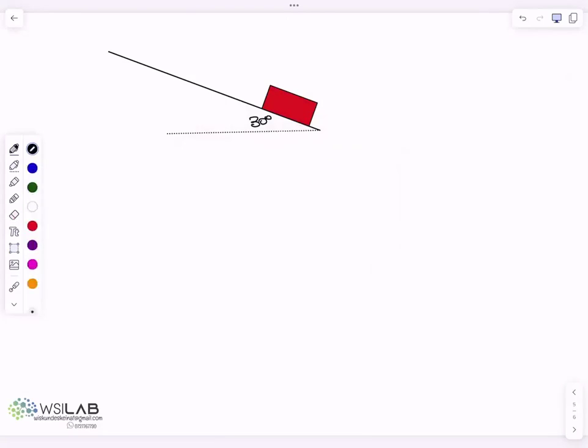Let's say the mass is 10 kgs, and the average friction is 20 newtons. That's the frictional force between the surface and the box. So I'm pulling it up with another force. I want you to draw a free body diagram of all the forces on the red box after you've made that drawing.